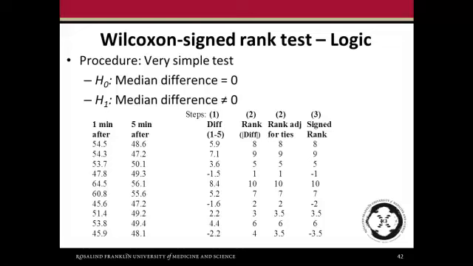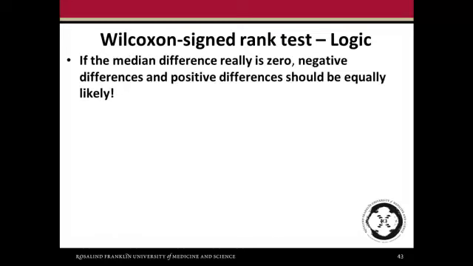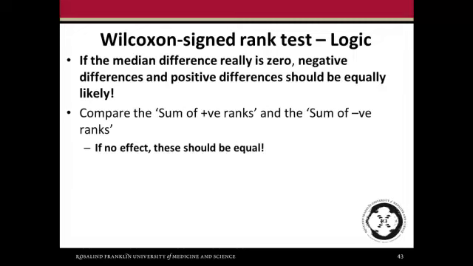Is the distribution of the differences, that's what we're interested in a paired test, centered around 0? So if the median difference really is 0, the negative differences and positive differences should be equally likely. So then we compare the sum of the positive ranks and the sum of the negative ranks. Again, if there's no effect, these should be equal, and we wouldn't have a difference from 0.